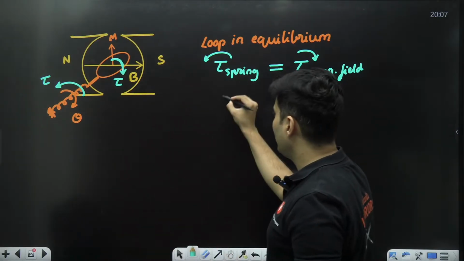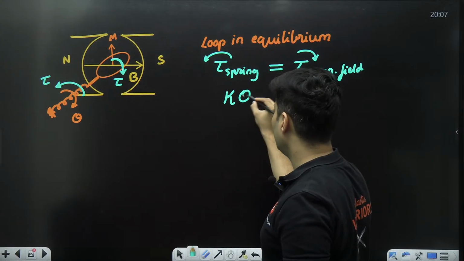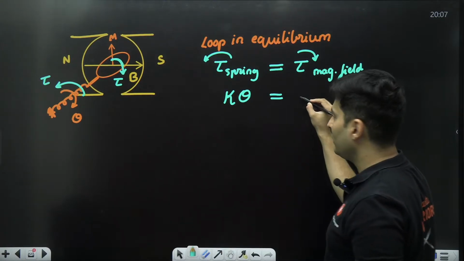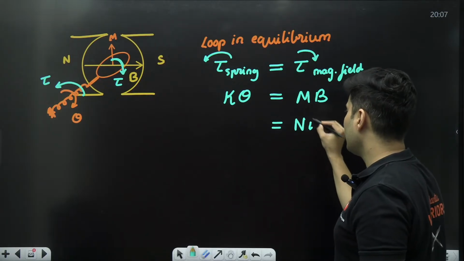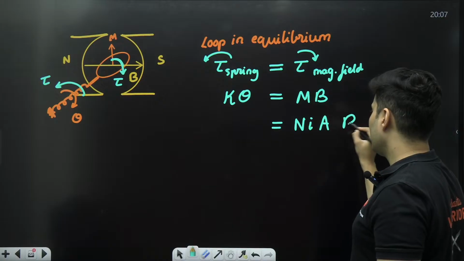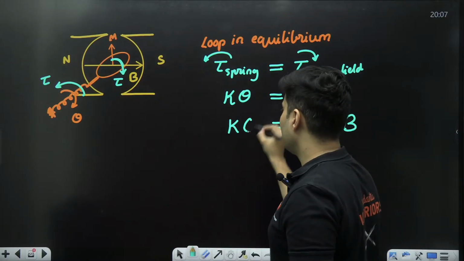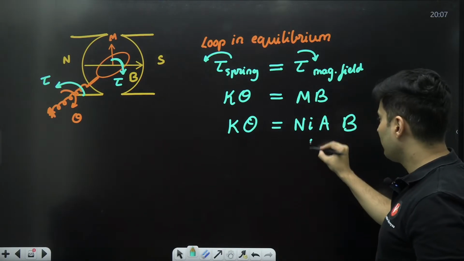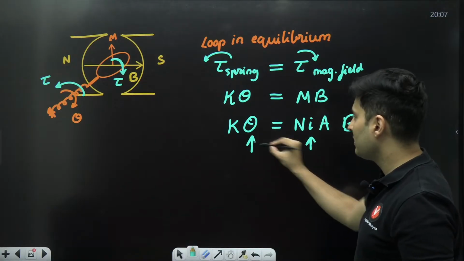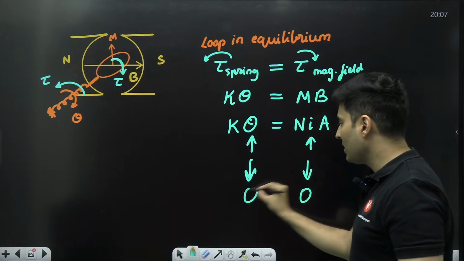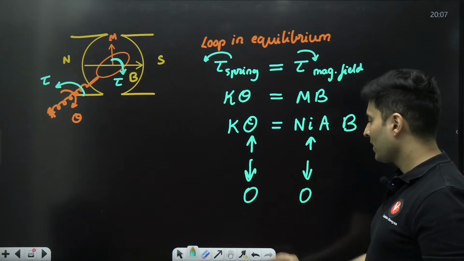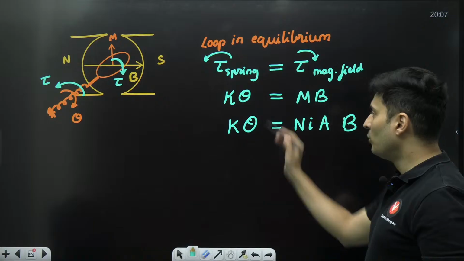This torque by the spring is nothing but K into theta. This torque by the magnetic field was just MB. M is nothing but number of turns into current into area, and this is B. This is just K theta. Think about it. If current increases, theta increases. If current reduces, theta reduces. Current becomes 0, theta becomes 0. Is that clear? So more the current, more is the deflection.